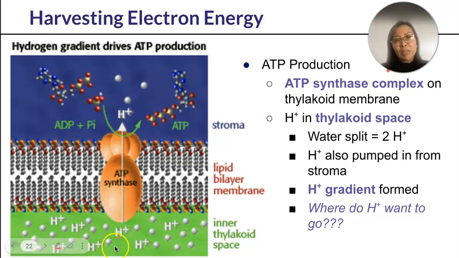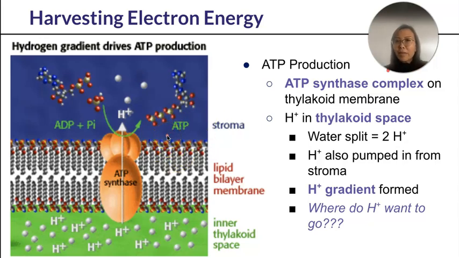The hydrogens are driven to want to be pushed through this ATP synthase. And as the ATP synthase is spinning and all this energy is there, that energy is going to be used to allow ADP to add on to phosphate, and then we have ATP. And this is kind of the end goal, to form this ATP.